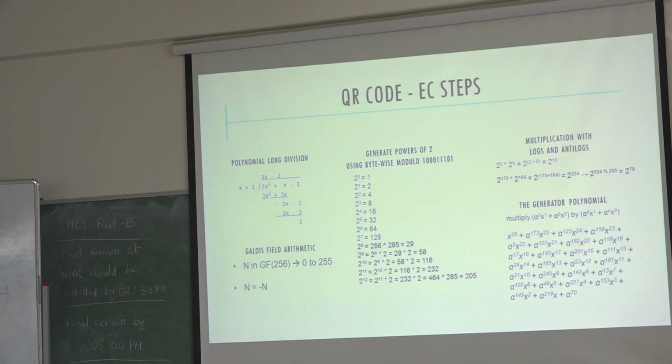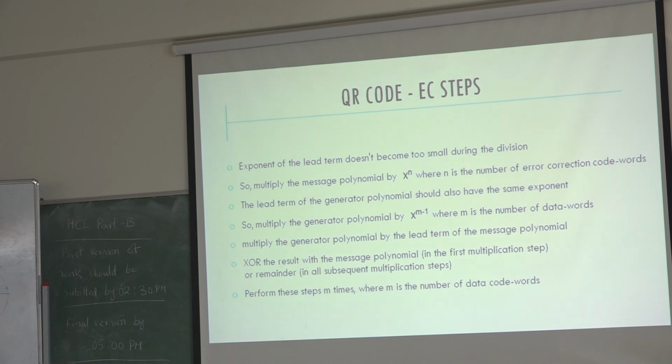This is for the 26 error correction code words we have, so 0 to 26, x power 25, x power 26. This is the generator polynomial for the respective message and the respective version of QR code. So these are the steps for the error correction.